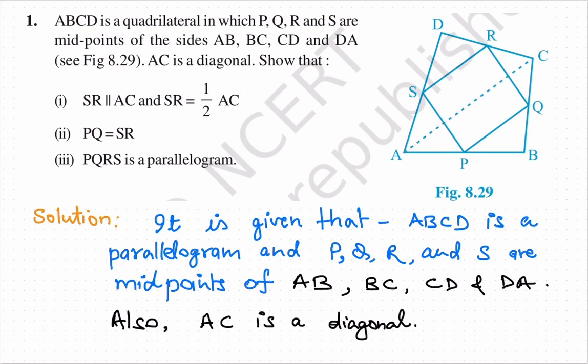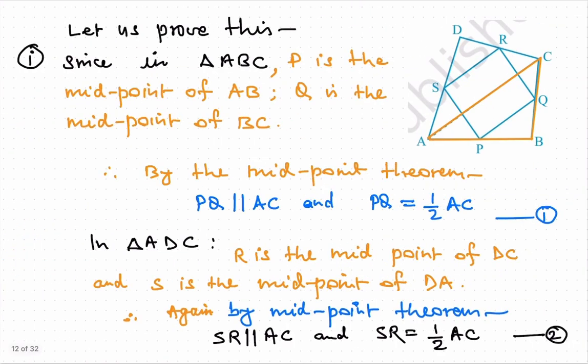So we have to prove the problems 1, 2, 3. So let us prove. Since in triangle ABC, P is the midpoint of this side AB and Q is the midpoint of side BC.